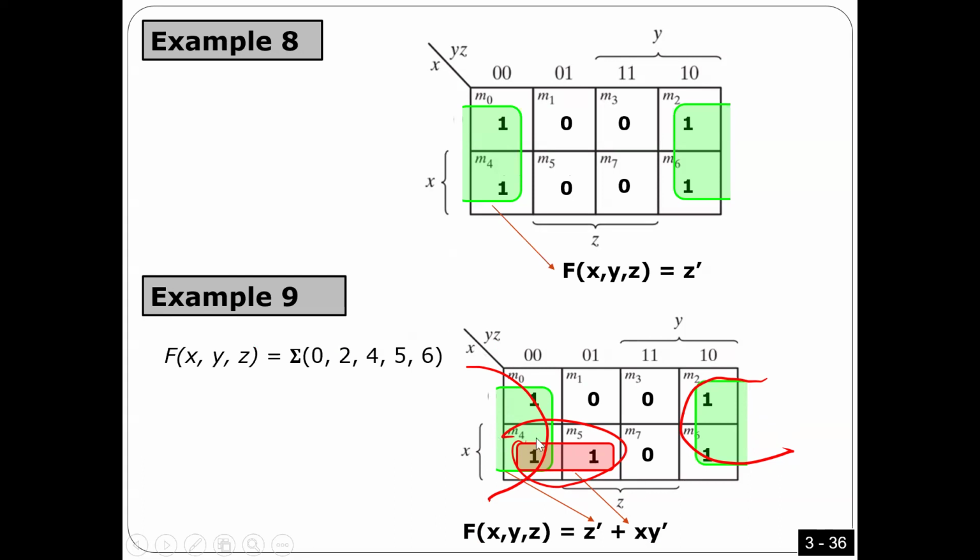I'm repeating this multiple times, but just in case: this group here, the red group, is in X, so I'm gonna take X. It is in Y prime, so I'm gonna put Y prime. I'm gonna remove Z because half of it is in Z, the other half is Z prime. In other words, this is the intersection of X and Y prime.